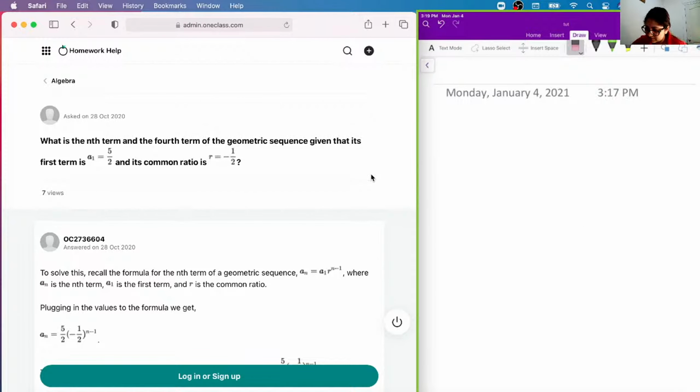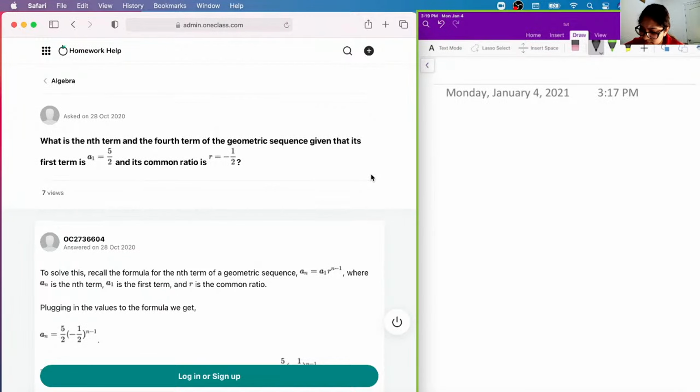So our next question says, what is the fourth term of the geometric sequence, given that its first term is a1 equal to 5 over 2, and its common ratio is r equal to negative a half. Okay, so we're dealing with series here.